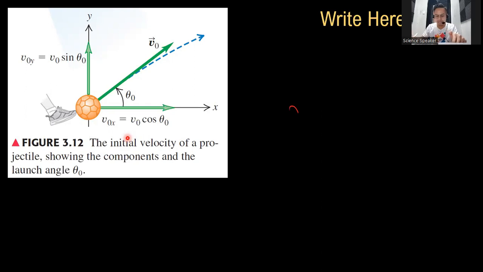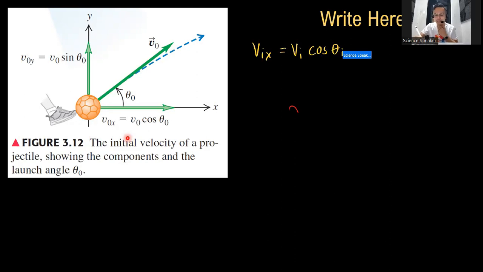So in this case, instead of v naught, we are using v sub i as our symbol. You have the x component, so v sub ix. That means the x component of the initial velocity is equal to v sub i, the initial velocity, times cosine theta initial.